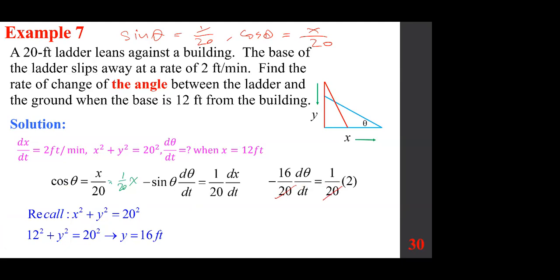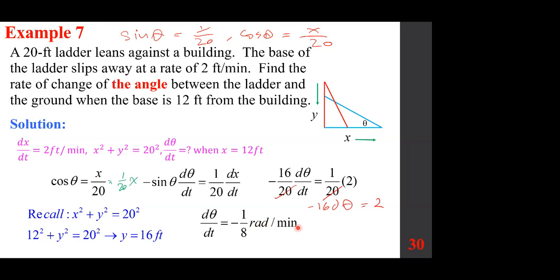So you can say negative 16 on the left side, d theta is positive 2, divide by negative 16, and you get negative 1 over 8. What I want to discuss is the units. In calculus, the units of angles are always radians, unless otherwise mentioned. So minus 1 over 8 radians per minute.